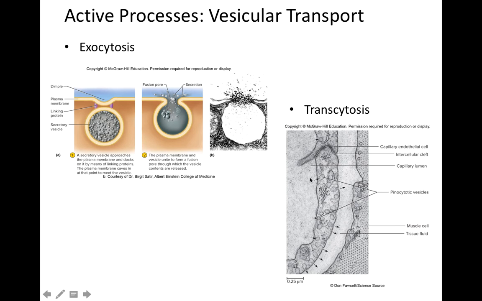So the hormones, insulin and glucagon, are going to use this method. So they basically use endocytosis on one side, vesicular transport to get through, and then exocytosis on the other side. So it's a combination of the two different types of transport.